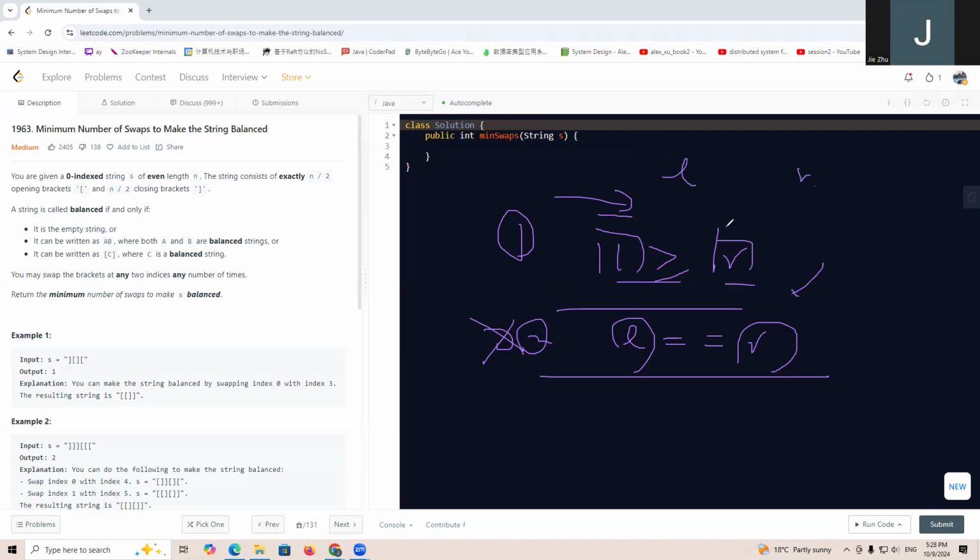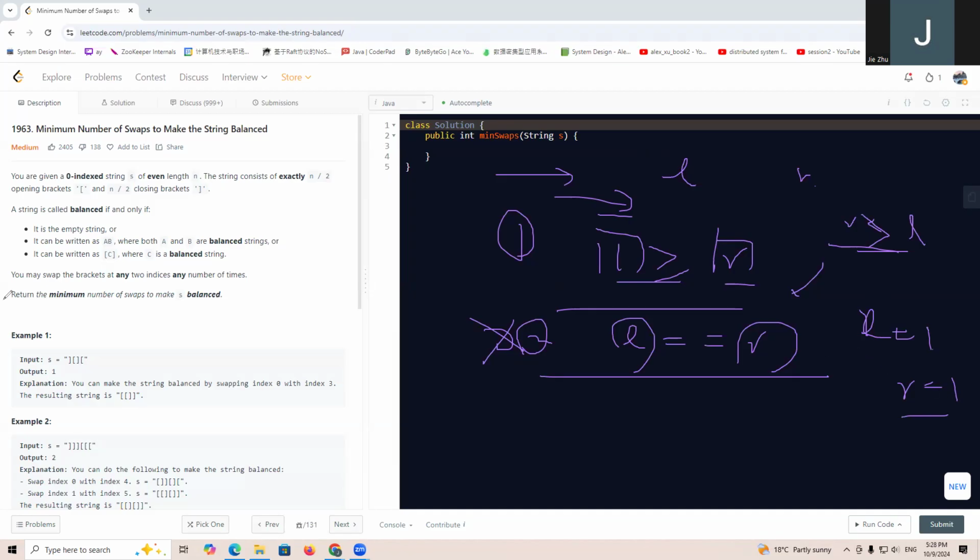When we go through from left to right, once right is greater than left, then we need a swap. When we do a swap, it will increase left by one and decrease right by one.